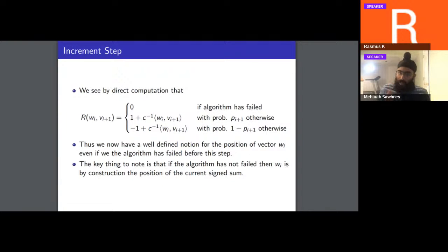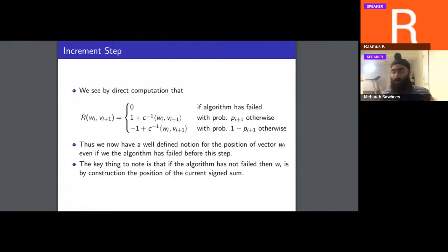Now if you do the computation by hand, what you find is that the random variable r(wi, vi+1) is (1 plus C inverse times the inner product of wi and vi+1) with probability pi+1, where pi+1 is the linear probability we assign to both sides.